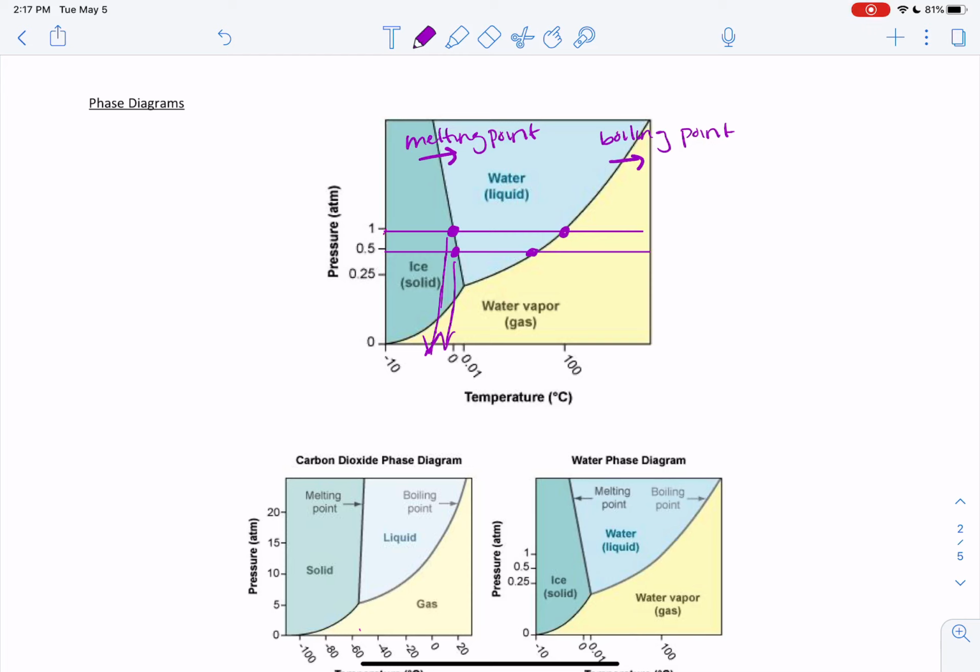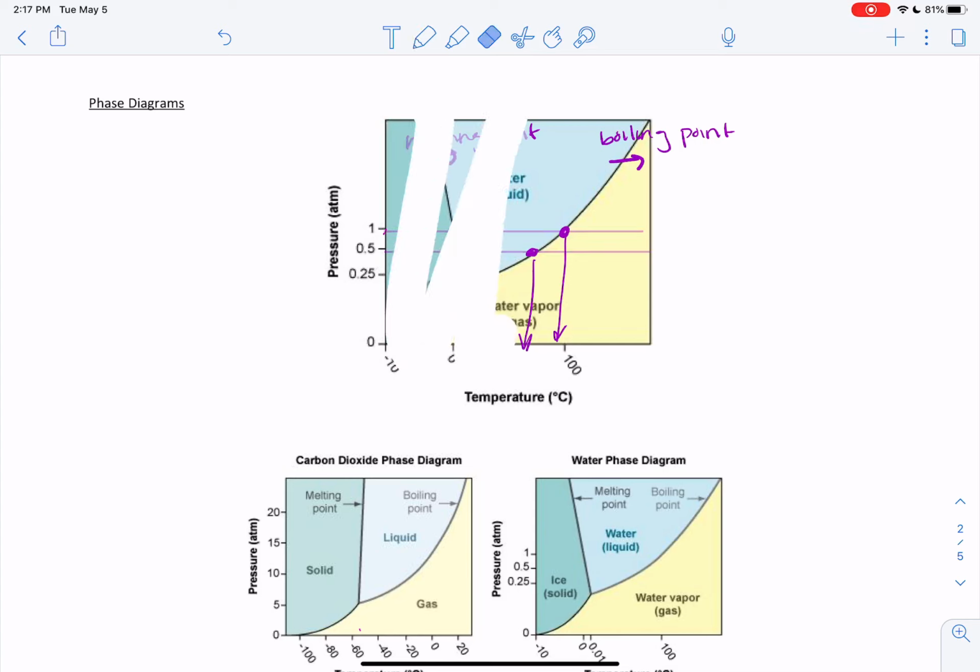Then if we look at the boiling point, at our higher pressure here, we're at a higher temperature. Okay, so at a higher pressure, you have a higher temperature boiling point, but you have a lower temperature melting point. And this is for water. Okay, so we should be able to read these phase diagrams fairly simply.